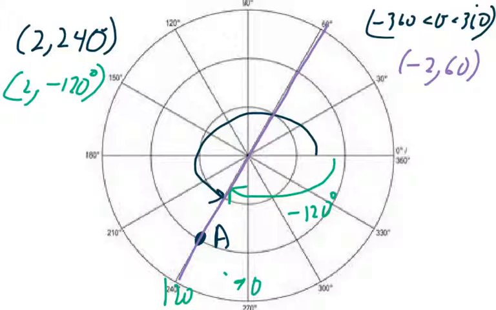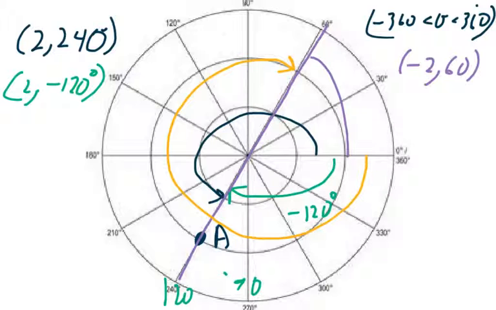Now the last thing that I need to do is find out how far around this is in the negative version. So let's take this yellow one, and it goes all the way around to here. Well, if I know that this was 60, then the other one has to be negative 300.